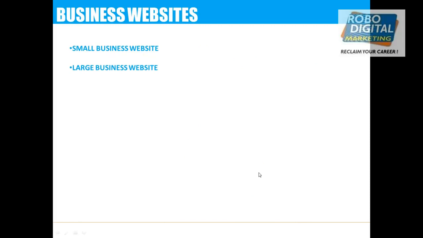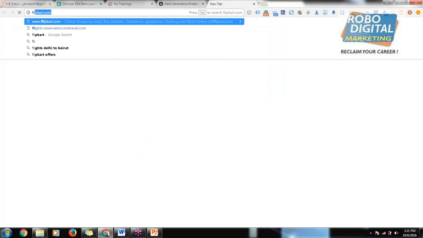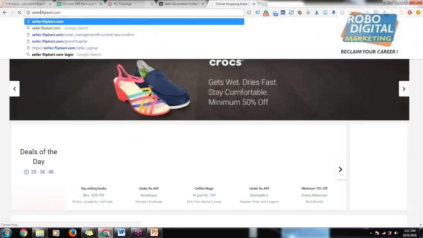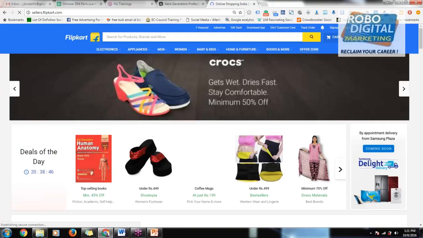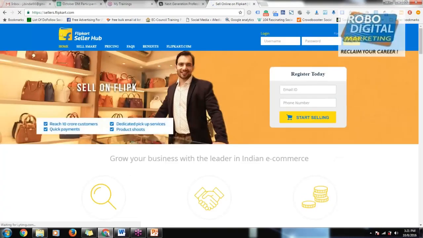Like for example, let me close a few of the tabs. Like Flipkart. We have one domain, flipkart.com, another domain is sellers.flipkart.com. So they have different functionalities. Now you can sell online through this website.